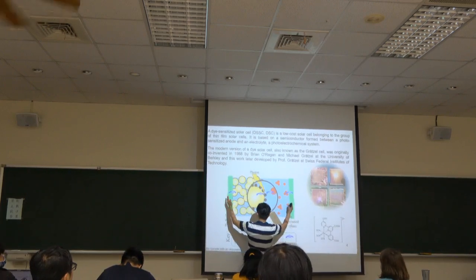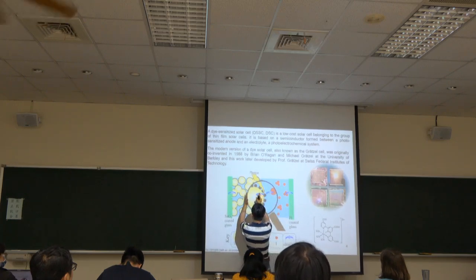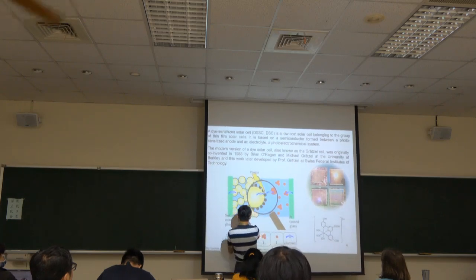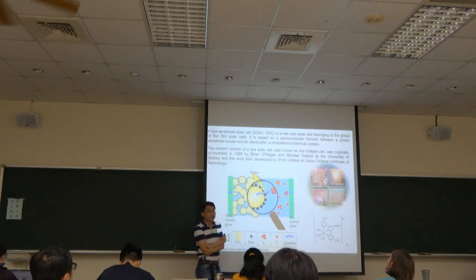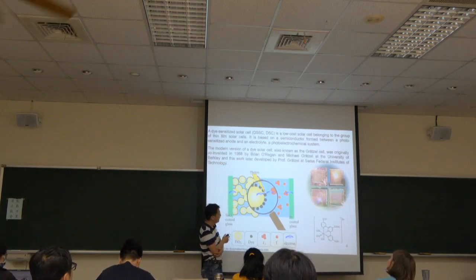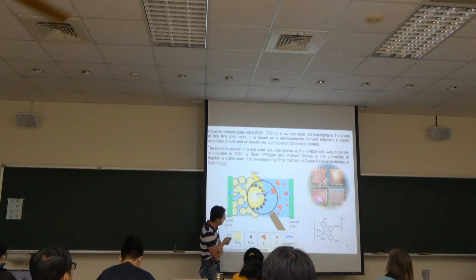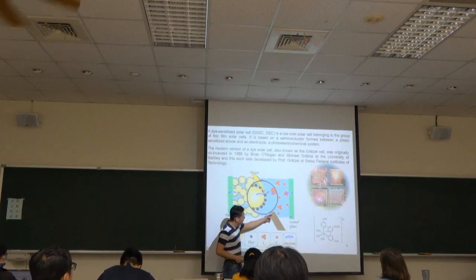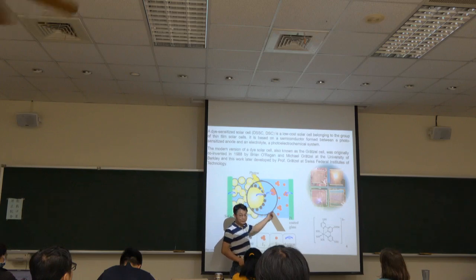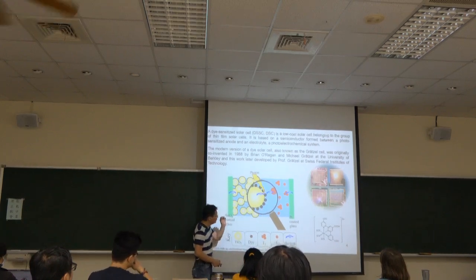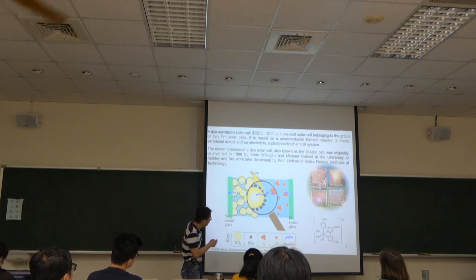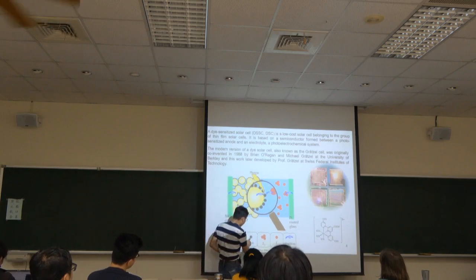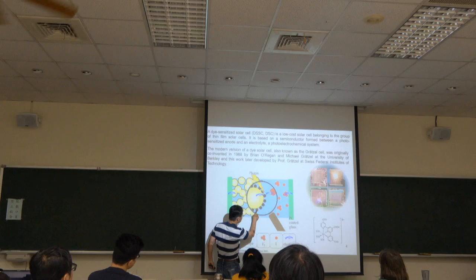So you have the sandwich, and inside you deposit nanoparticles of crystalline titanium dioxide, and then fill in electrolytes, okay, electrolytes. And then there is another very important thing, the dye here. Dye is dye.